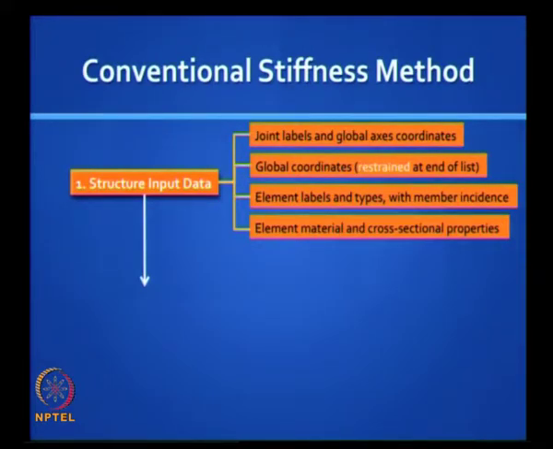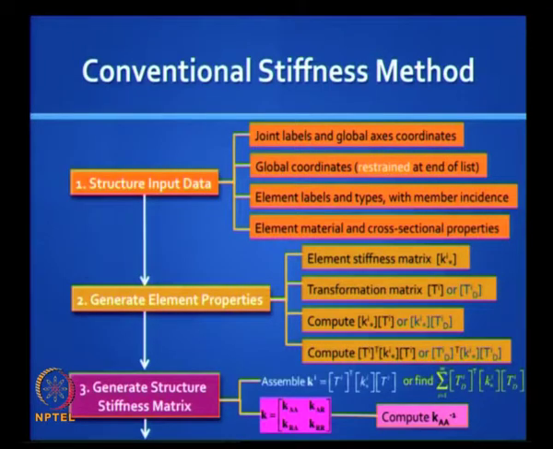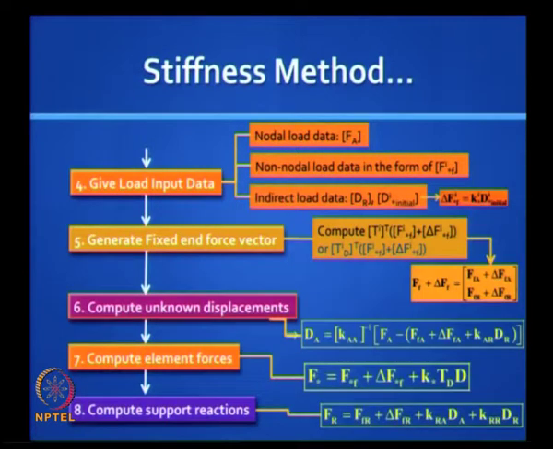In the conventional stiffness method, you know that we have to go through different steps when you want to program it. First you have to input the structured data, then you have to generate the element properties, then you must generate the structure stiffness matrix from the element stiffness matrices, then you must give the load input data, generate the fixed end force vector if required, then you compute the unknown displacements, you compute the member element level forces and compute the support reactions.